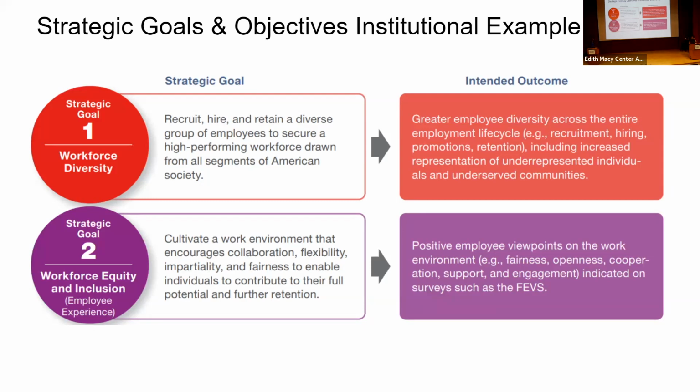Yes. It's under the resources, and they're showing themes here on the left. So they have a theme of workforce diversity, a theme of workforce equity and inclusion, and then they write out the full goal. Like their goal is to recruit, hire, retain, and so forth. And then on the right is the outcome. This is really important.